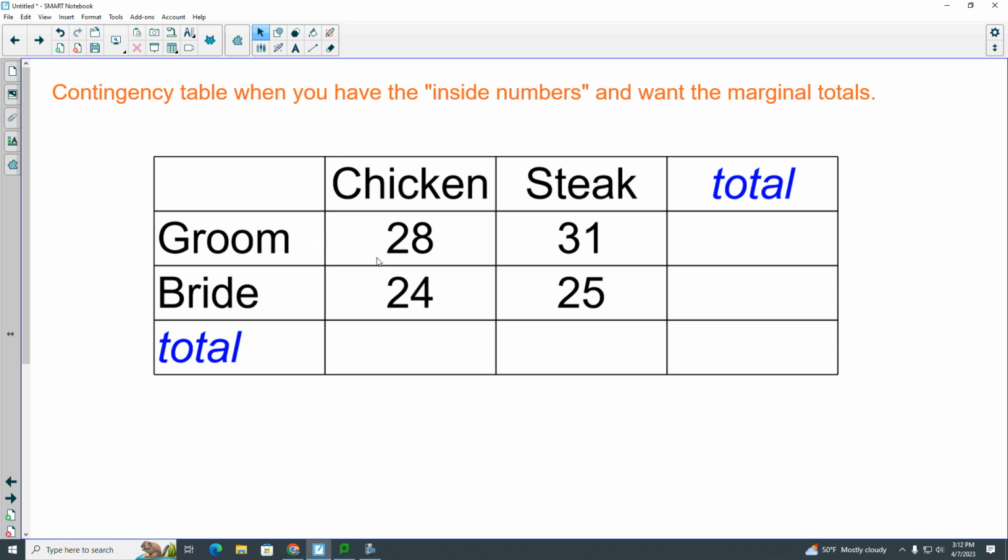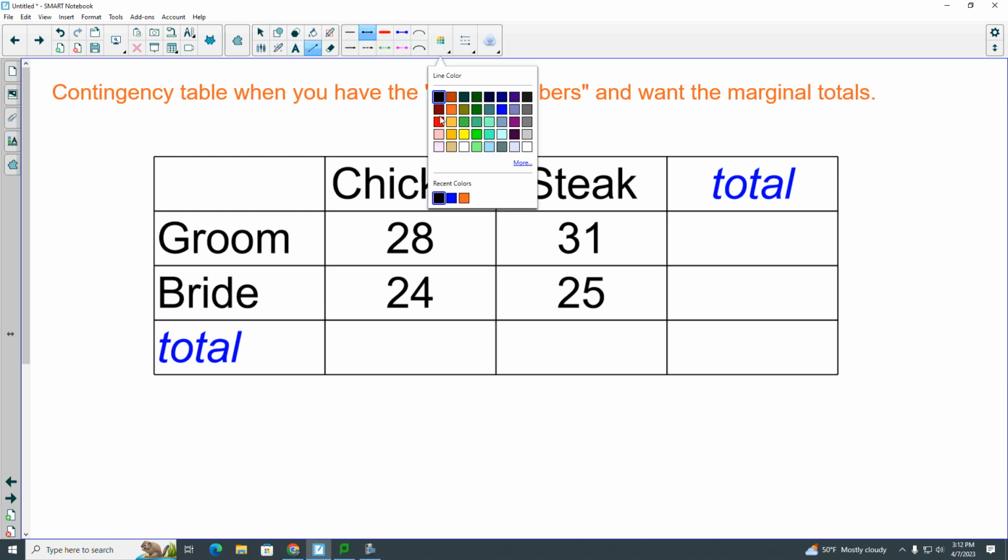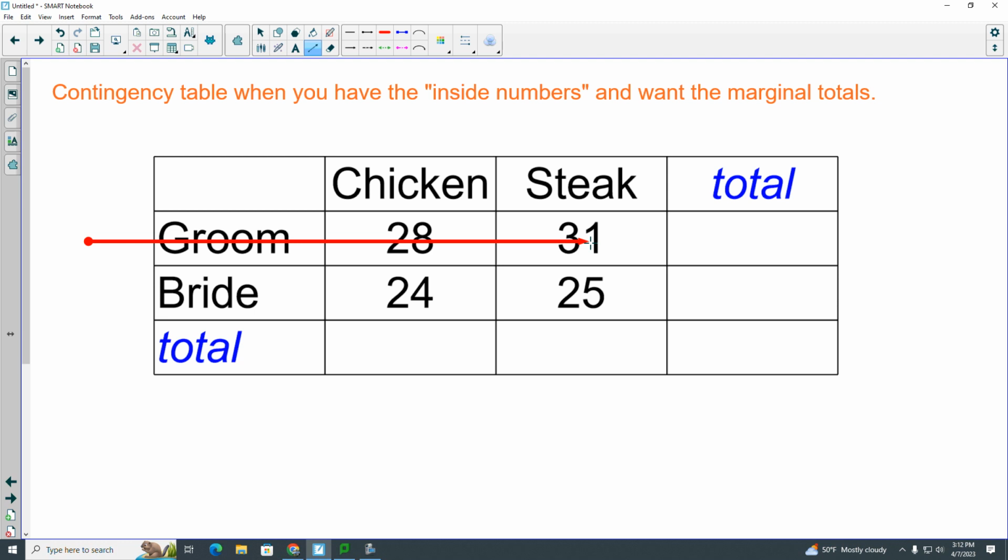And you'll sometimes see these contingency tables. These are what we call the inside numbers, or what I like to call the inside numbers. And then I have these marginal totals around the outside. And just to make sure that we're all on the same page, in order to find these totals, it is nothing more than, going to show you here, if I want to find the total number of people that were there for the groom, I just add going this way.